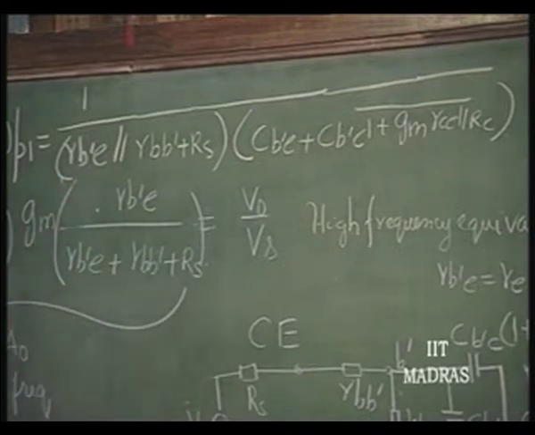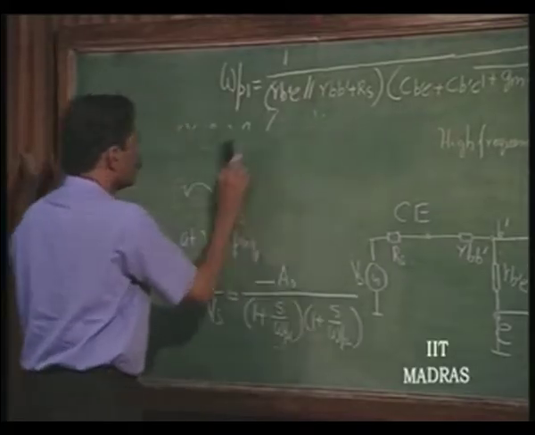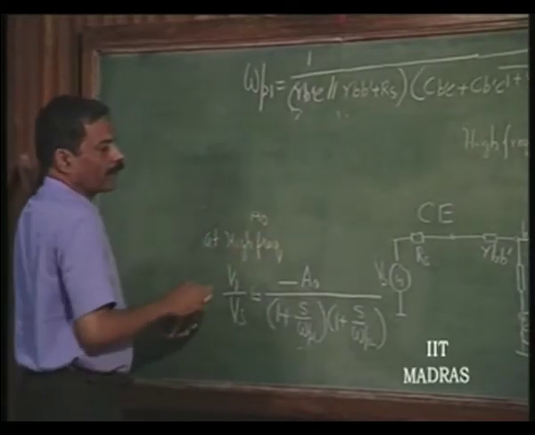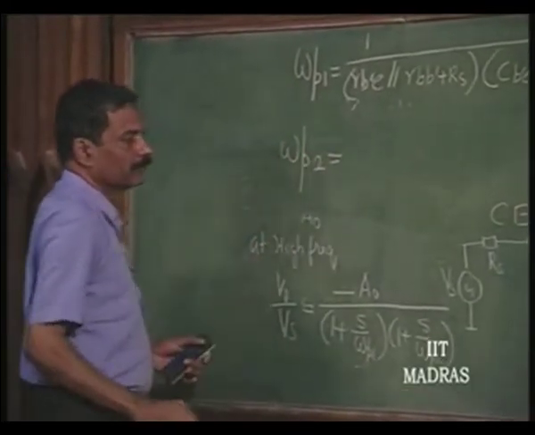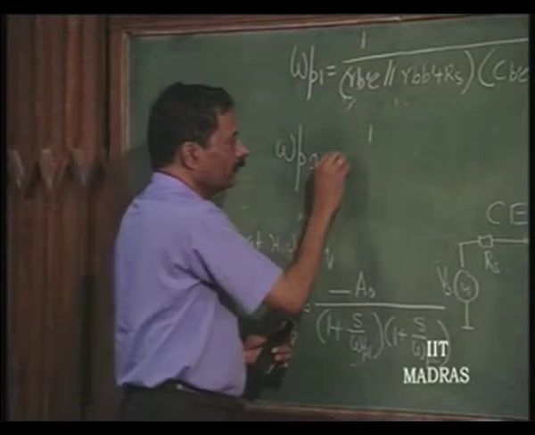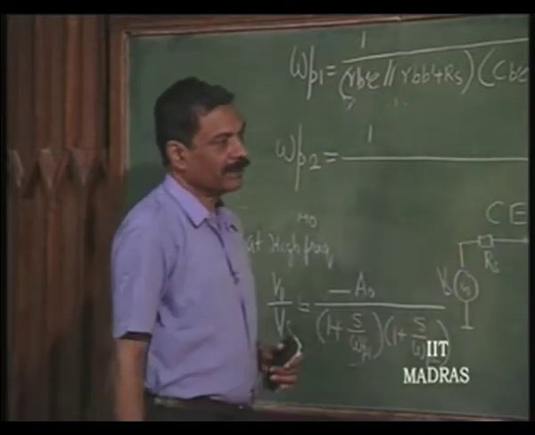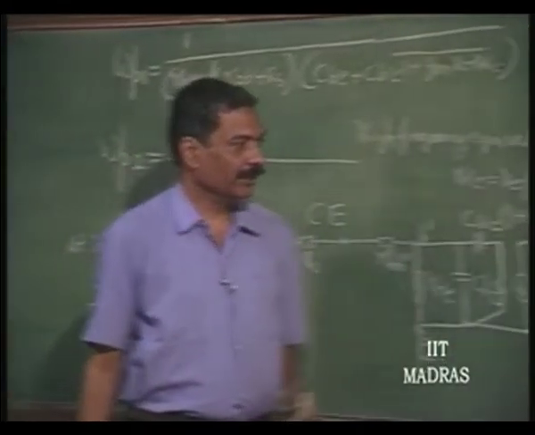So, as far as omega P2 is concerned, this is going to be 1 over the time constant at the output. Let us see.